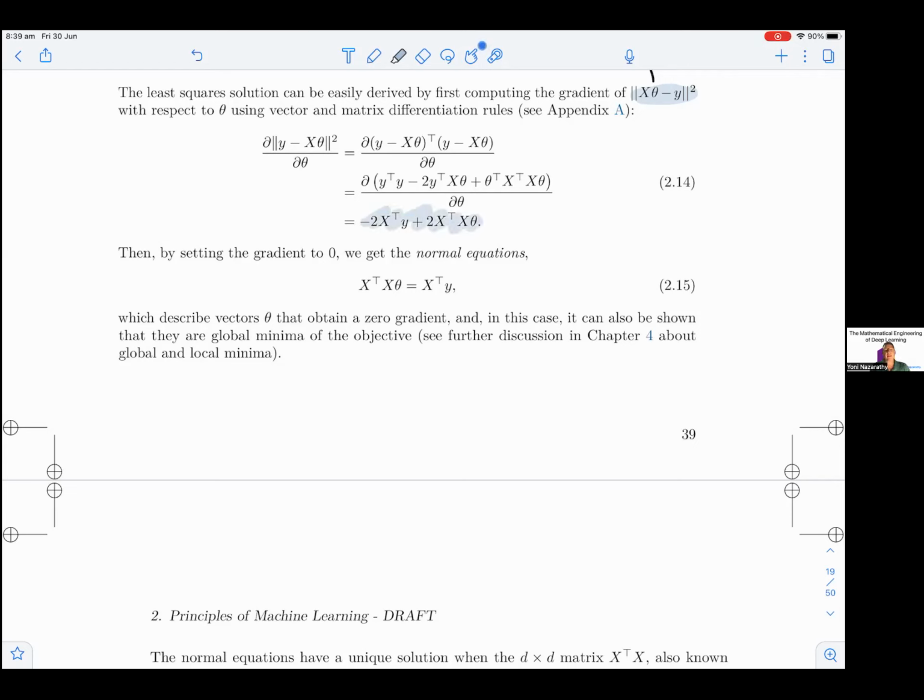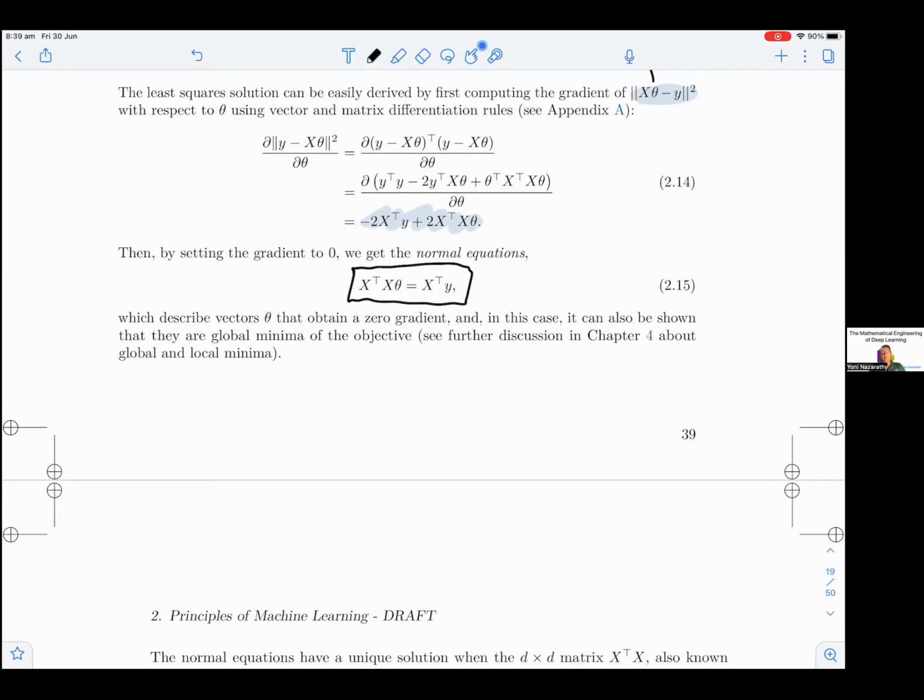Then by setting the gradient to 0, since a critical point will have gradient 0, we equate this to 0, divide by 2, and move X transpose y to the other side. You get the normal equations.